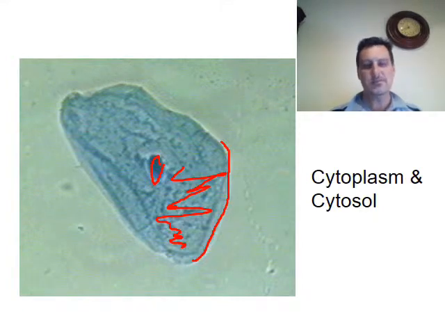So the cytoplasm is, for want of a better description, a jelly-like substance containing dissolved things, minerals, proteins and so on, but it also has the organelles suspended in it. Now if I had a space there where there were no organelles, we would call that cytosol. However, we'll just concentrate on cytoplasm. I only mention cytosol because some textbooks do.